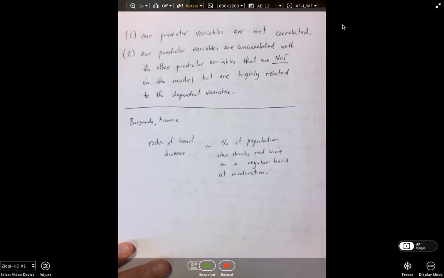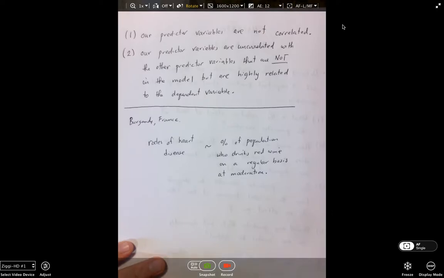Now, some of us who love the taste of a good bottle of red wine were really cool with that. I thought, oh, wow, percentage of population who drinks red wine on a regular basis, and then they had to put in this part, at moderation. Well, all right, that kind of spoiled the day. So you can't go out here and pound 14 glasses of wine every night and expect to have this relationship going on.